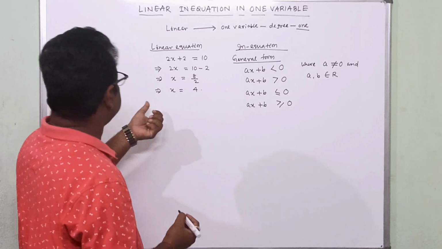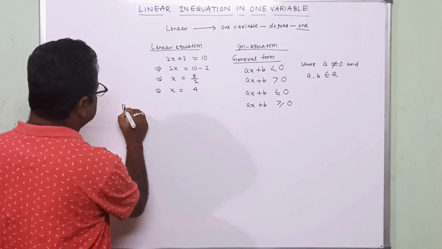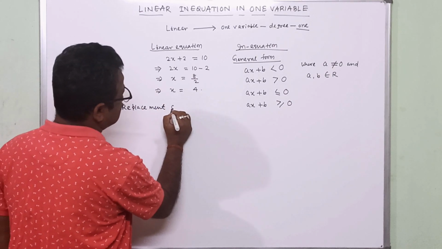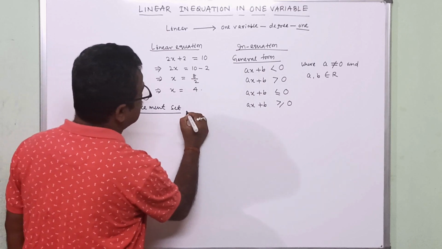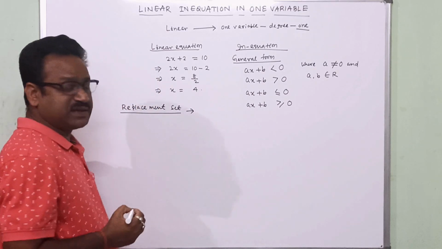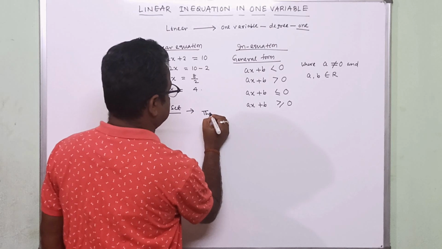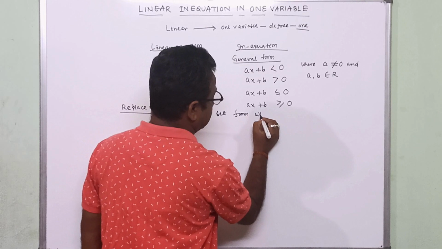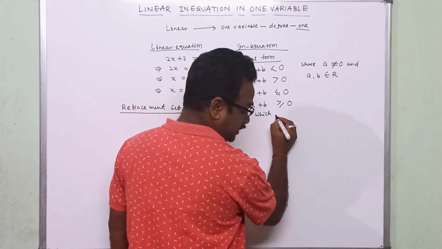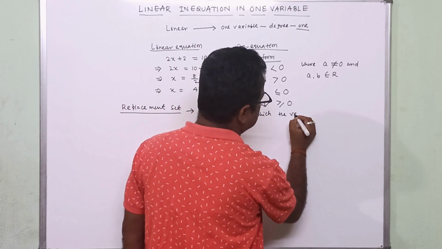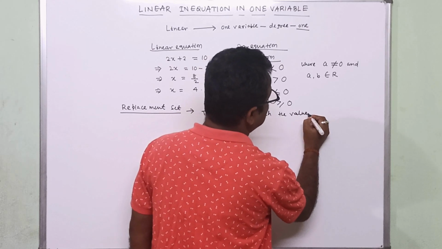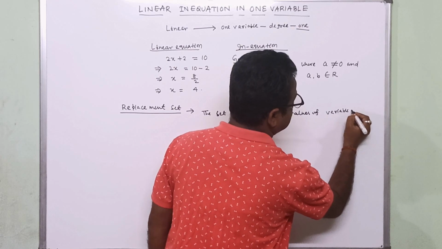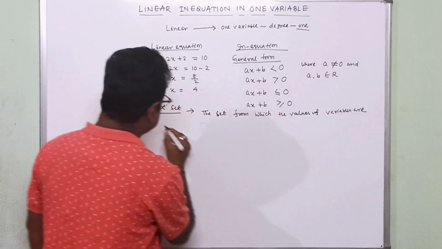So, the second thing is your replacement set. That means the set from which the values of variables are chosen.